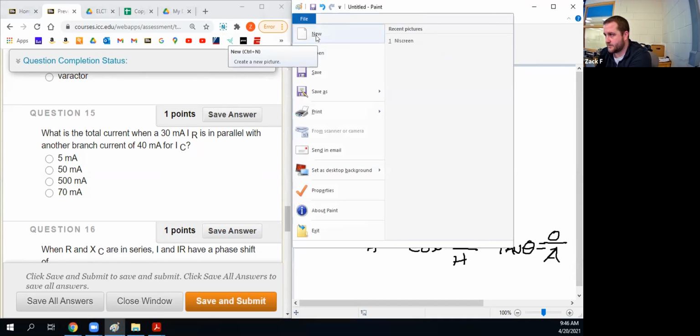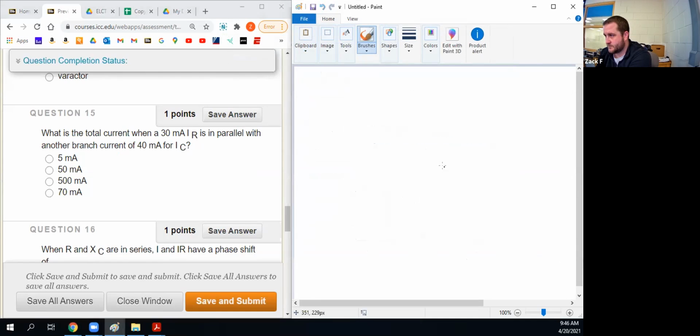How do you solve that? It's the reciprocal formula, each one divided by one. And since there's only two, you can also use product over sum. Either way you strike it.